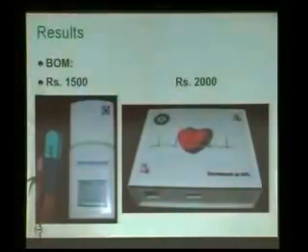So there are two examples of what we have built with participation from students like you in Delhi. Here is an oximeter with a bill of materials cost of 1,500. The ECG machine I'm going to show you today, a demonstration, was built for around 2,000 rupees. Patents have been filed. We are trying to commercialize this kind of equipment.